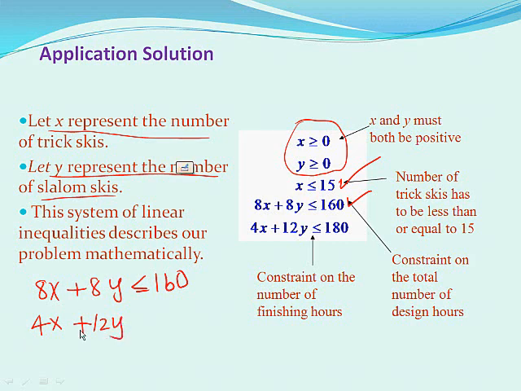If you add them together, we get the total number of finishing hours. This has to be less than or equal to the maximum available, which is 180. That gives the next constraint, on the number of finishing hours. So this system of linear inequalities describes our problem mathematically.